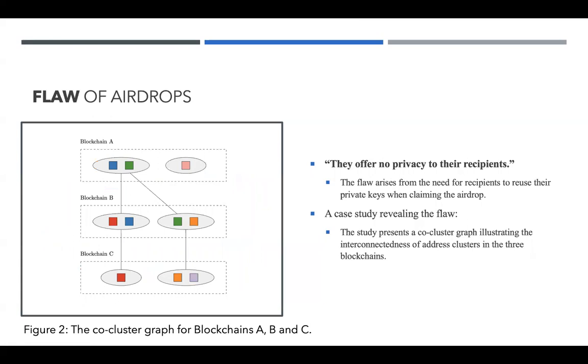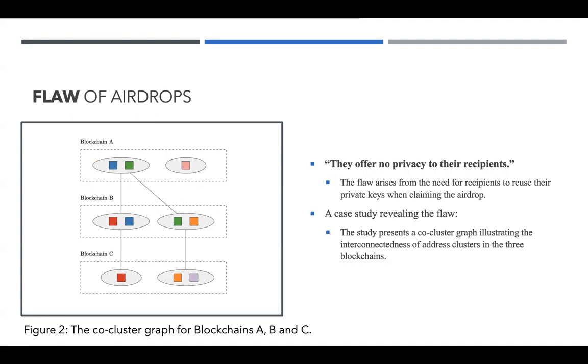Recent investigation into cross-blockchain analysis has highlighted a significant privacy flaw associated with airdrops. The flaw arises from the need for recipients to reuse their private keys when claiming the airdrops.